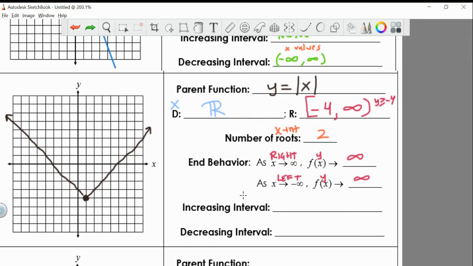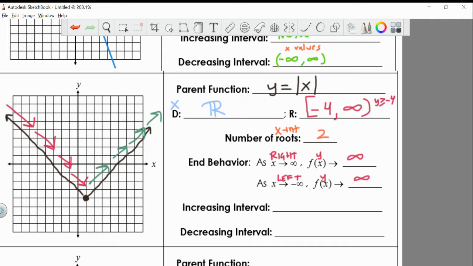Because they're both going up. And now the increasing and decreasing interval. Remember, when it comes to increasing, decreasing intervals, you're going to want to trace your graph from left to right. So I'm tracing it. I'm going down, down, down, down. Then I get to the vertex, and then I'm going up, up, up, up.